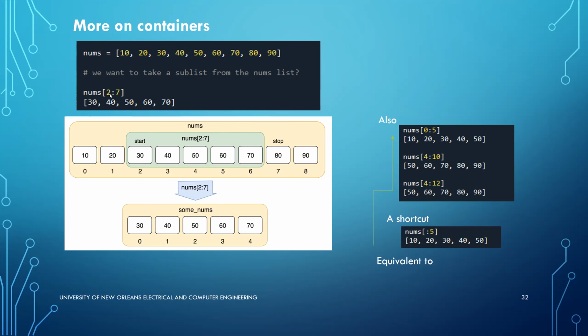So that means that we're going to start at index element 2, and if you remember, the index starts at 0. So index 0 is this element 10, index 1 is 20, index 2 is 30 in this case. So this command will display the element in index 2 for nums, starting at element 2, which will be 30, and it'll increment by 1 because the increment is not indicated, and it's going to stop at element 7.